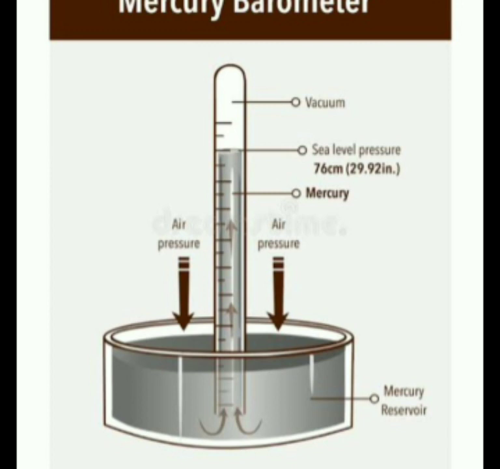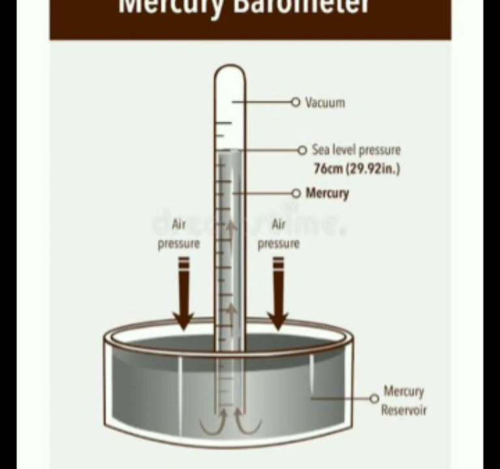The long glass tube about 100 centimeter long, which is filled with mercury, is inverted and dipped in the trough, also filled with mercury. The mercury in the tube flows into the trough.